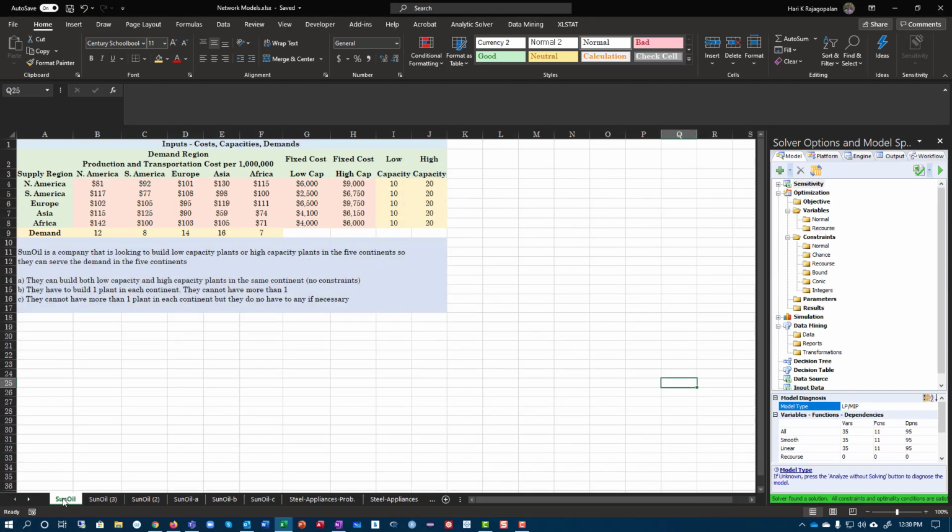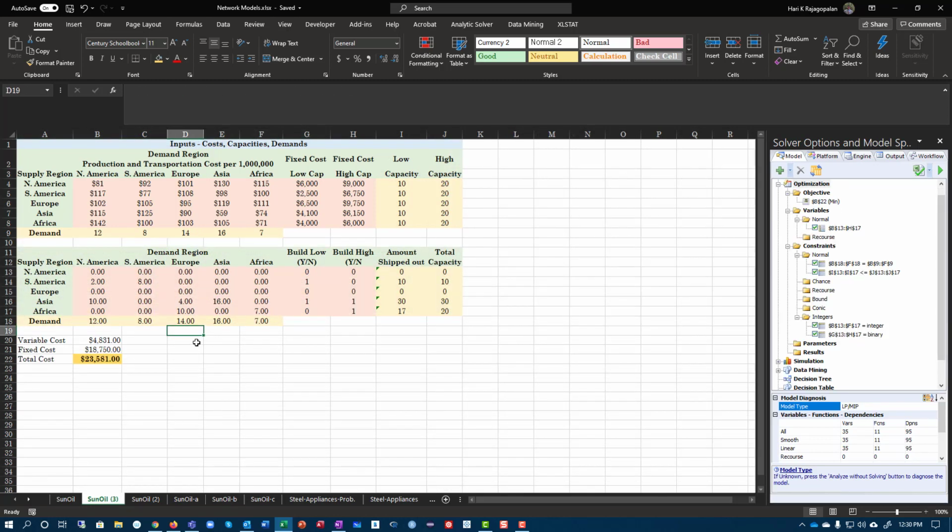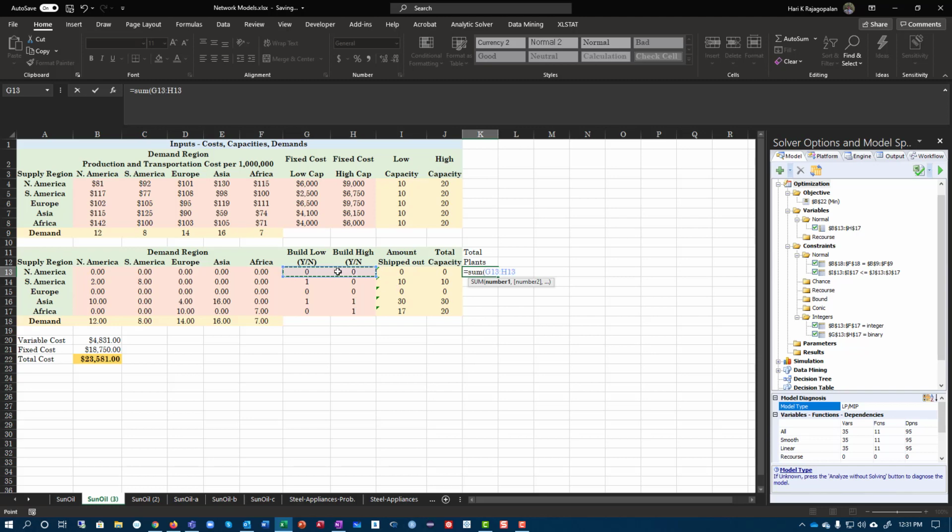So let's address the second question. They have to build one plant in each continent, cannot have more than one. So it's very similar. You go here, and essentially what you do is you look at total plants, right? And here we take the sum of these two plants, right?